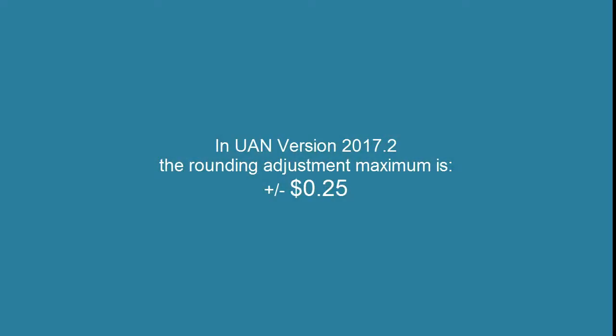The maximum adjustment at the time of this recording can either be minus 25 cents or a positive 25 cents. Starting with UAN version 2018.1, the maximum adjustment will be a total of $1 plus or minus.